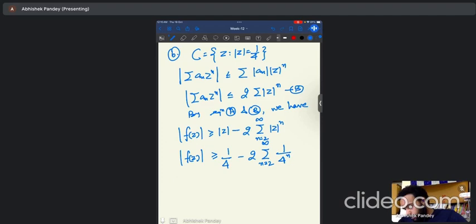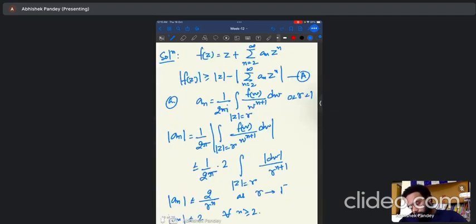So this will be basically 1/4 − 2/12. So we get |f(z)| ≥ 1/12 for every z belongs to C. So this is also true.